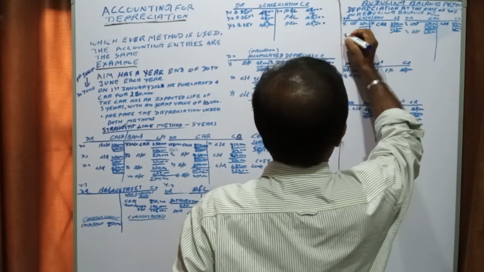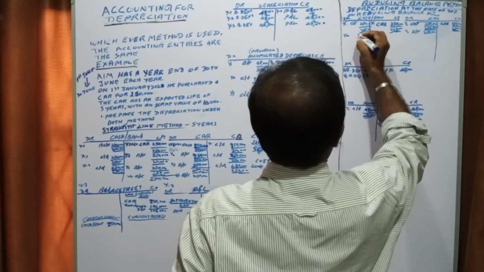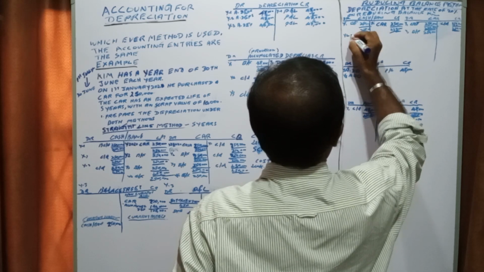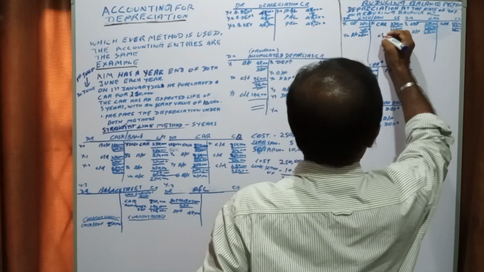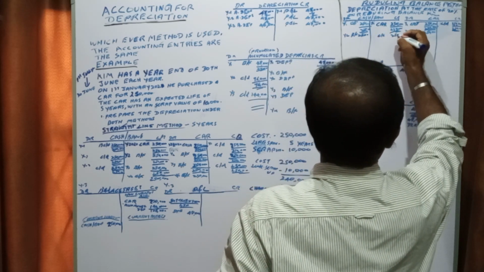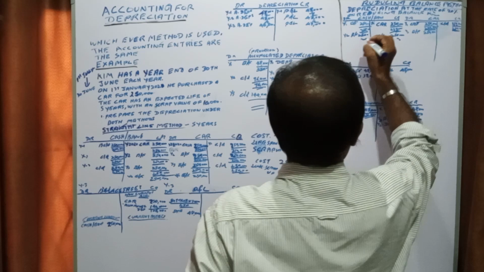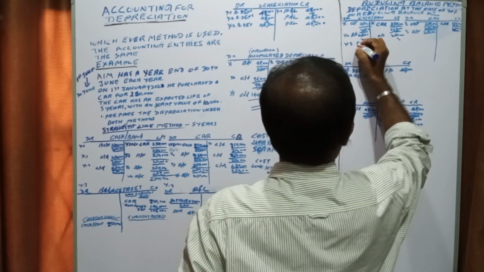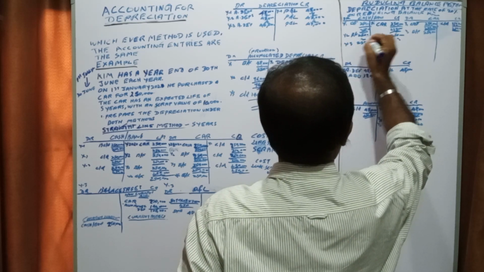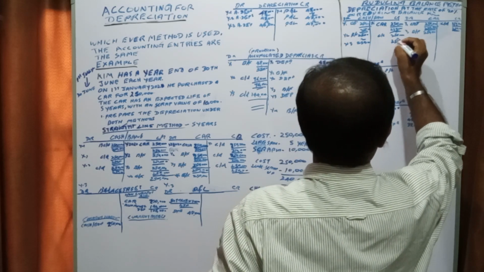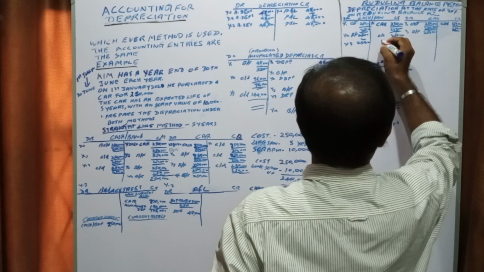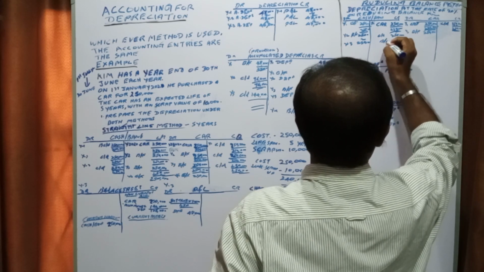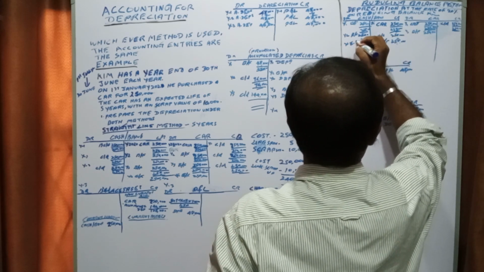Year 1, year 2 also 250,000, right? Brought forward, carried forward 250,000. Year 3 also 250,000 brought forward. This is carried down.